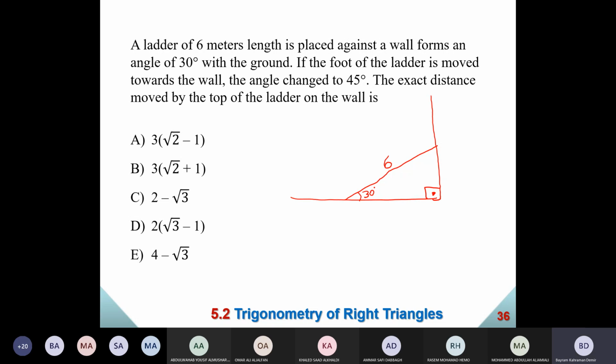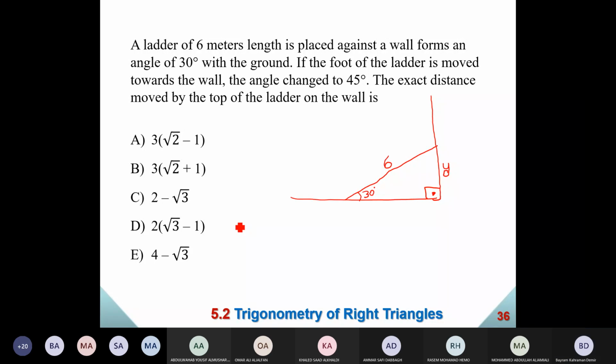Well, what can I find, Shabab? If you have the 30 degrees, you know the hypotenuse, right? The ladder is now the hypotenuse of the right triangle. Can I find y here? What do you think? Yes, so simple. Sine formula, right, Shabab?